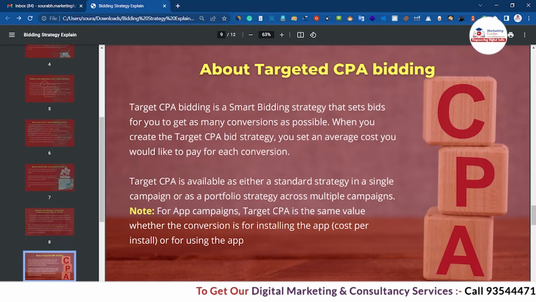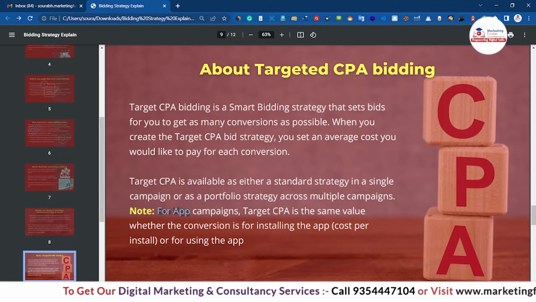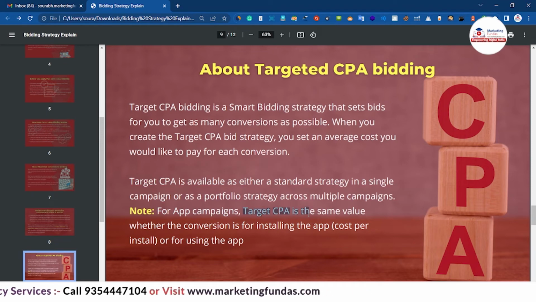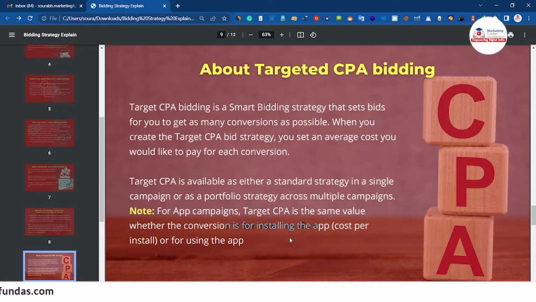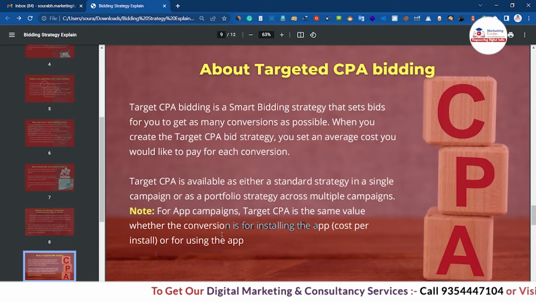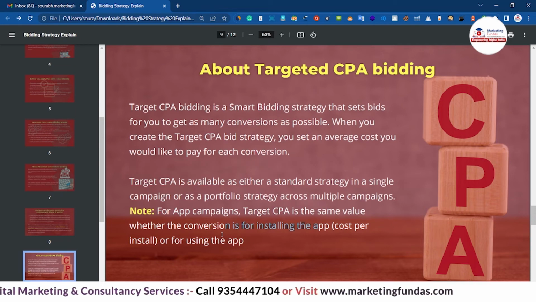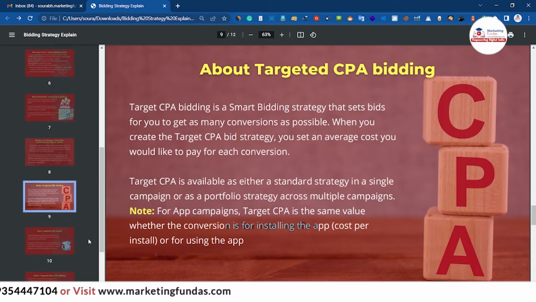And there is one thing to note: for app campaigns, target CPA is the same value whether the conversion is for installing the app or for using the app. So keep in mind that whether you want your customer to install the app or to use the app, the CPA will be the same. Now let's go to the next bidding strategy.